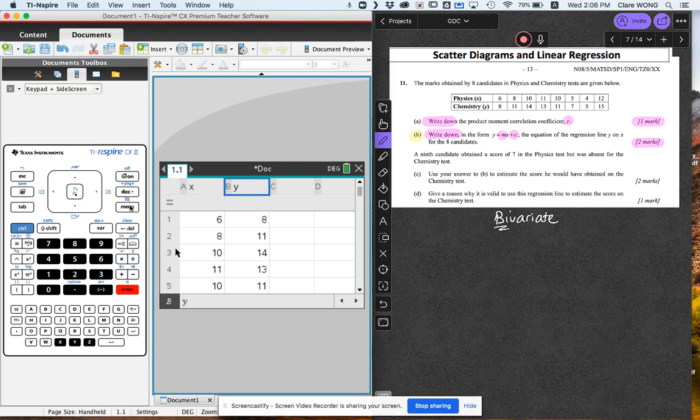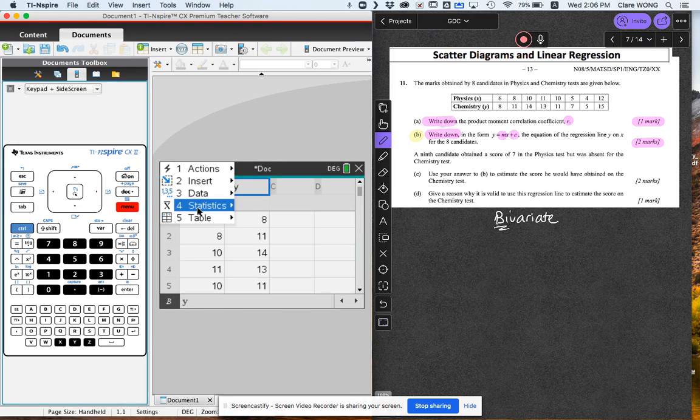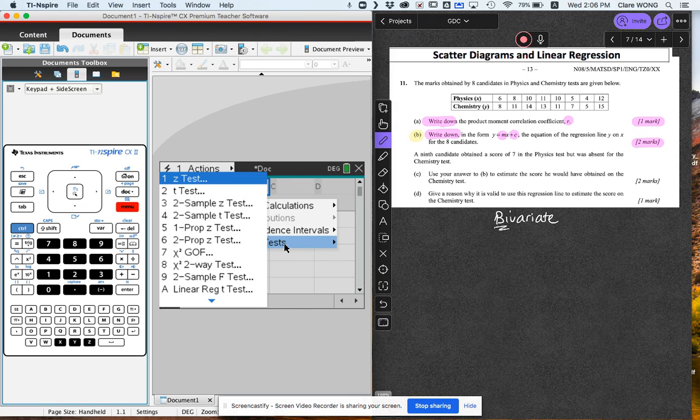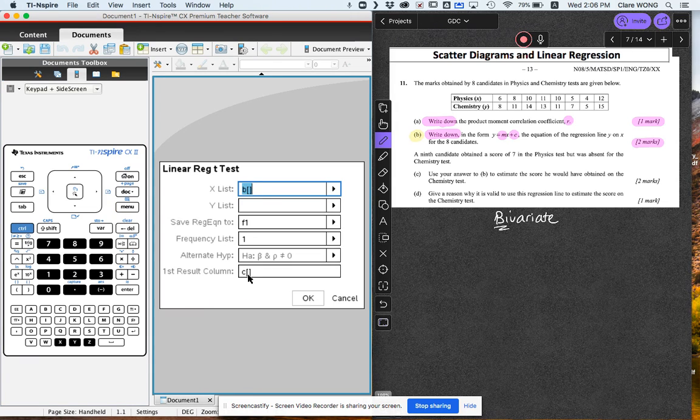But here, in order to carry out the linear regression, we need to go to menu, statistics, and at this time is stat test. You need to go down to this, your A, linear regression t-test. The X is in our X column, Y is in the Y column.